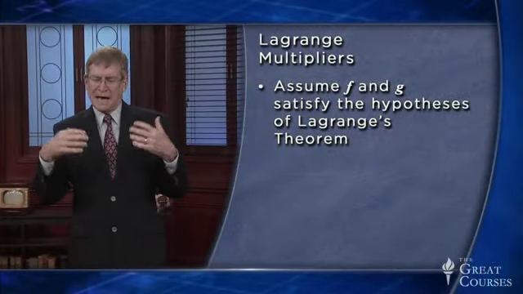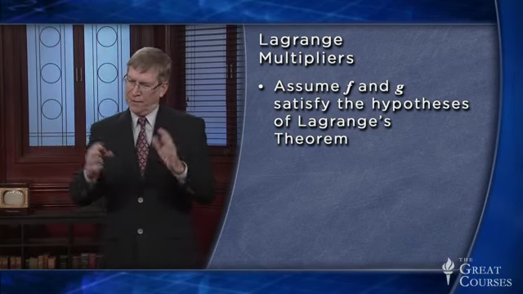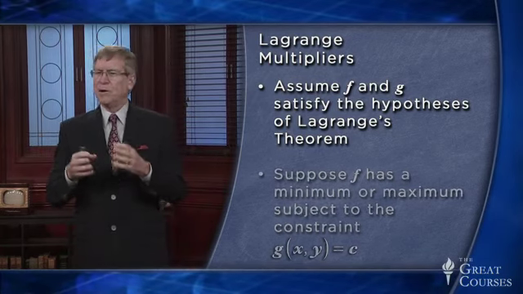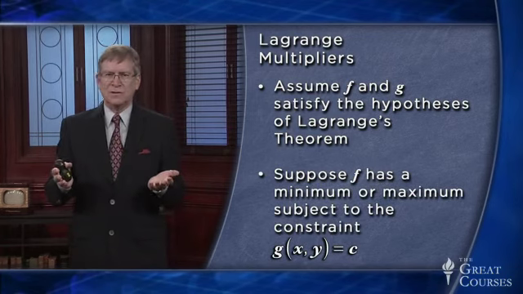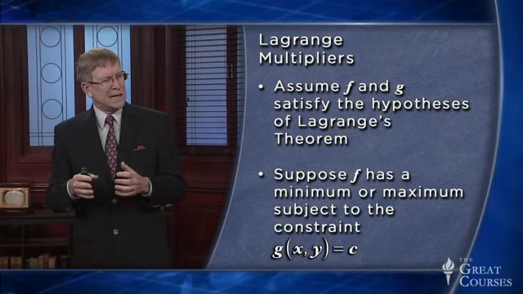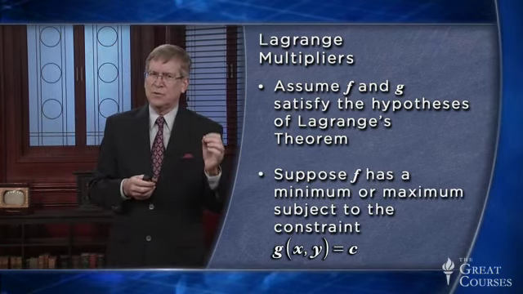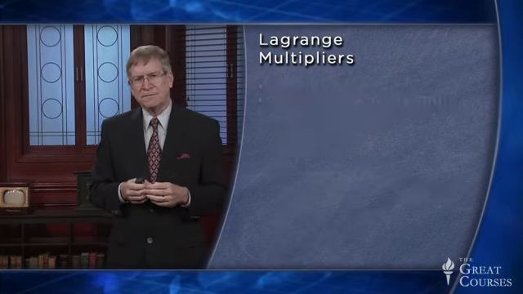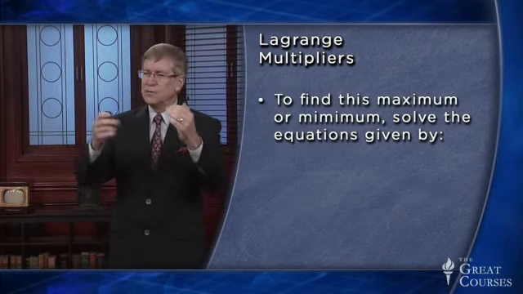Let me summarize quickly the main ideas of the method of Lagrange multipliers. We assume that f and g satisfy the hypotheses of the theorem. They're nice functions. And we suppose that f has a minimum or a maximum subject to that constraint g of x, y equals a constant. And to find the maximum or minimum, you do the following.